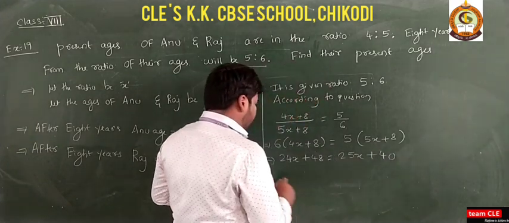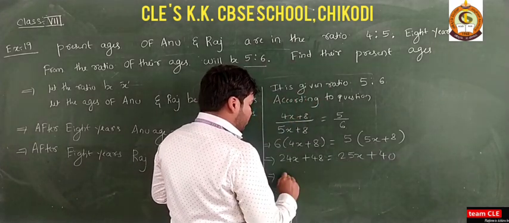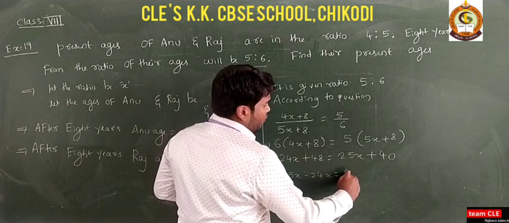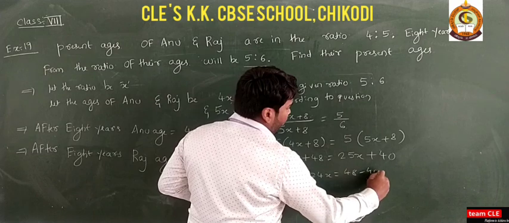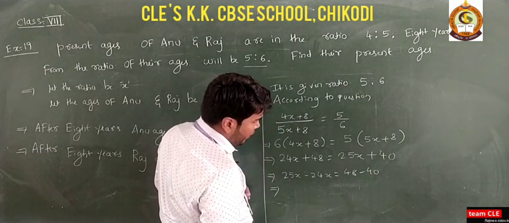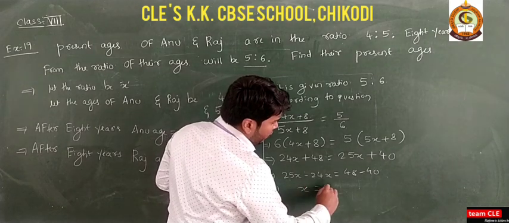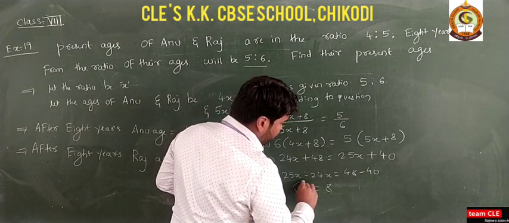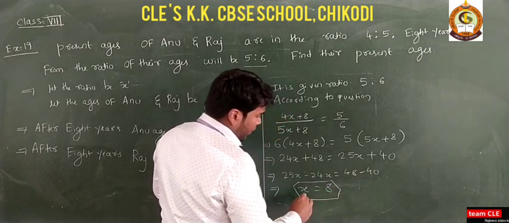Okay, so now just separate the x term. 25x minus 24x is equal to 48 minus 40 is 8. So x is equal to 8.